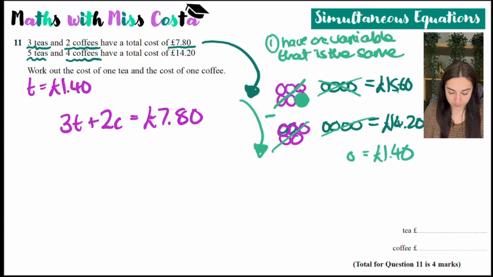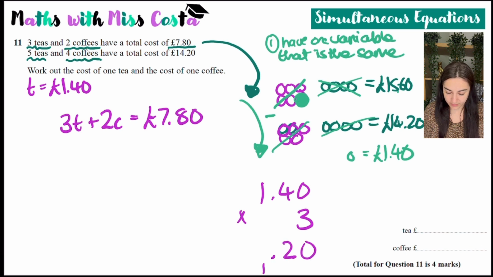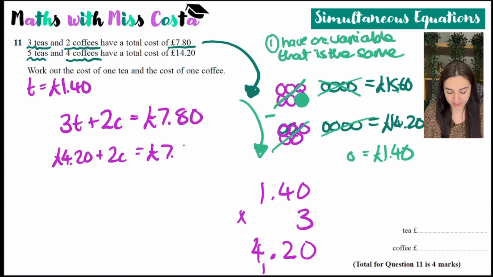So if t is £1.40, £1.40 times 3 is going to give me 0 times 3 is 0, 3 times 4 is 12, 3 times 1 is 3, plus 1 is 4, so that would be £4.20. So £4.20 plus 2c must equal £7.80.